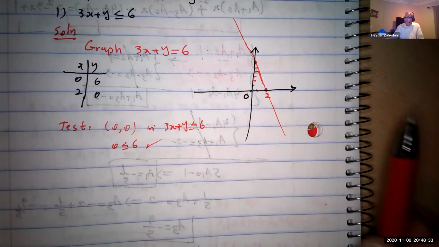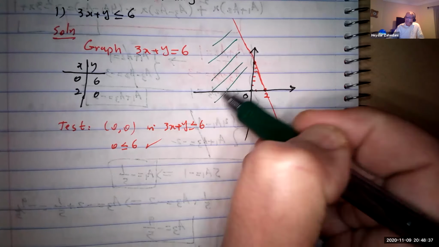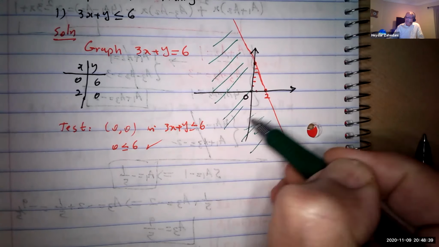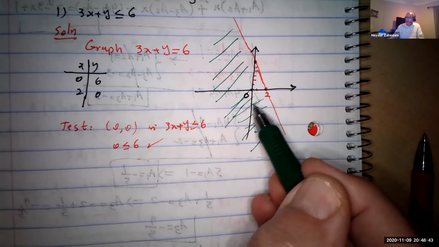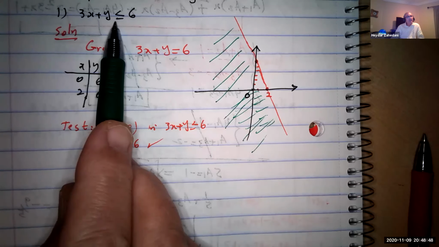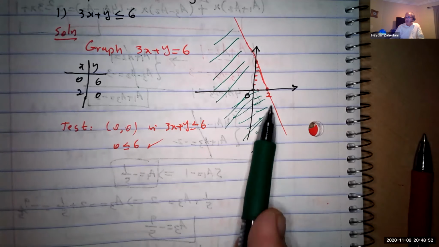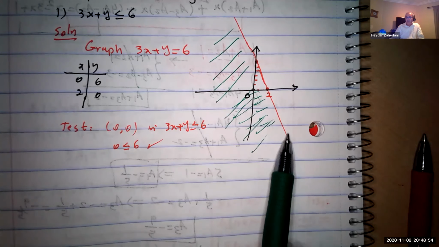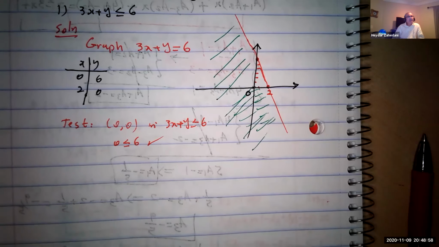So you are going to shade below the line, and we say that this is going to be the solution of the inequality. Okay, so the line, if this is strictly less than, you draw a dotted line, but otherwise it's going to be a solid one. Okay, any question? Remember these type of ideas.